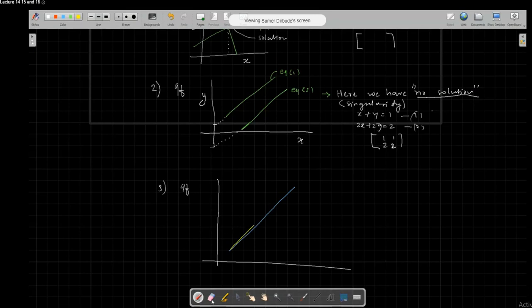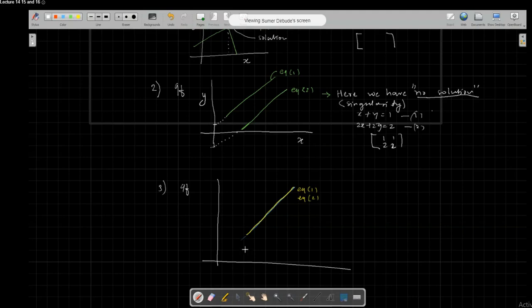It may be exactly on the same line. That is also possible. Now equation 1 and equation 2 are representing the same line. So infinitely many solutions.